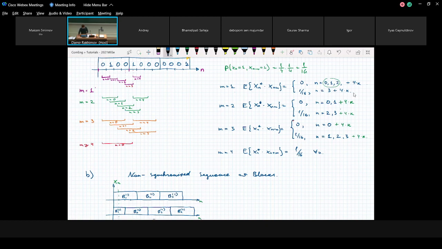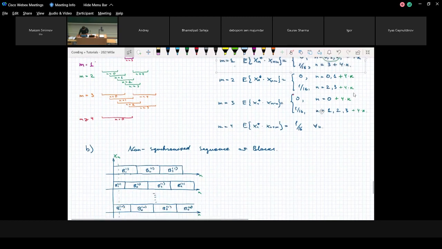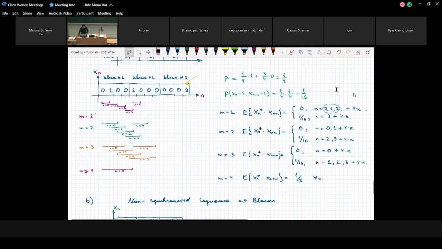Yes, we forgot to discuss what happens when m equals 0. What happens when we don't have any shifts, when we just analyze our sequence and calculate the squared value of the sequence?